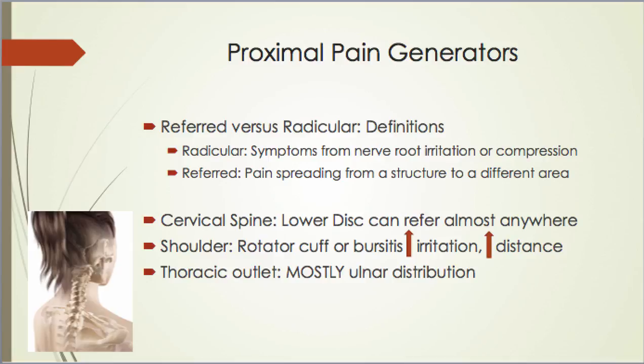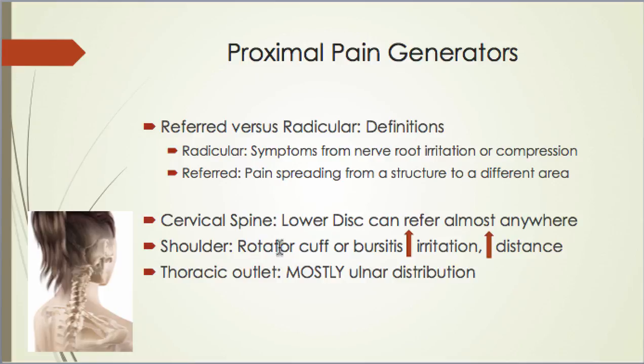So understand that in the cervical spine, the lower discs particularly, like C5-6, C6-7, C7, C8, can refer almost anywhere in the upper extremity. So on occasion, we'll get folks with elbow pain because of the neck, and it's not so obvious. We'll talk about that when we get to the lateral elbow.